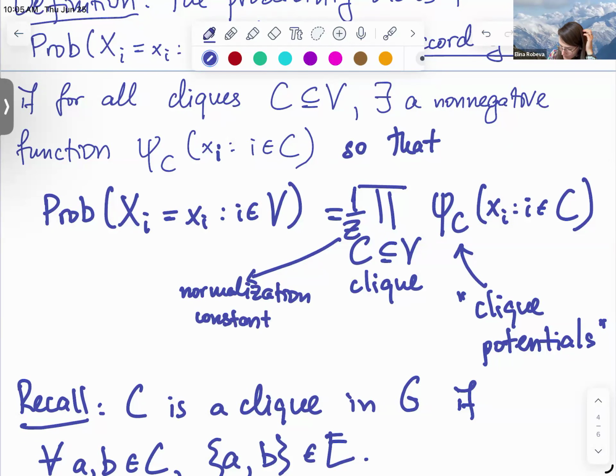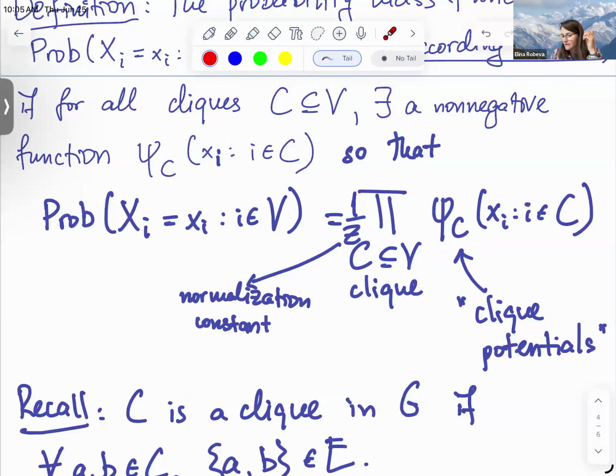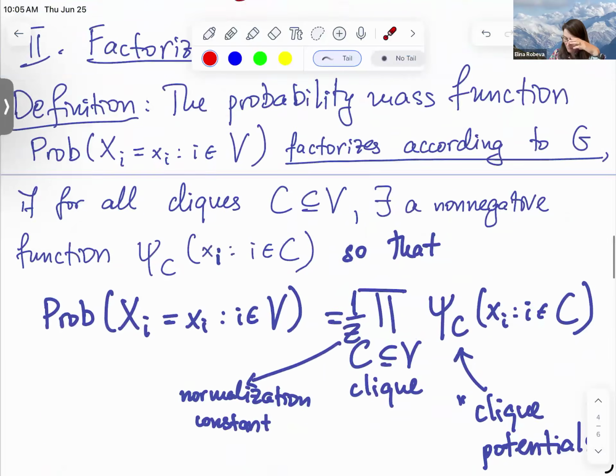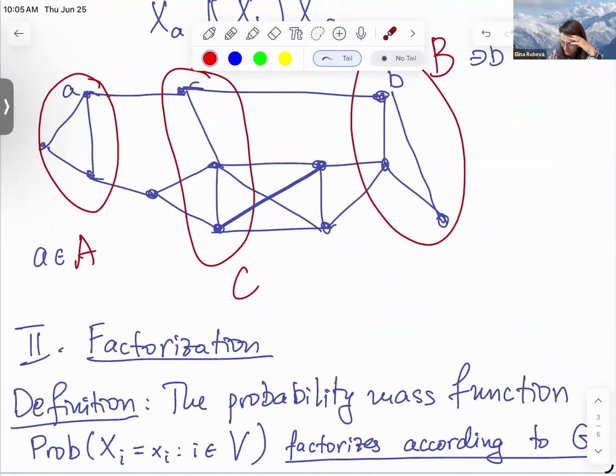And just one more thing here. These clique potentials are not unique in any way, because first of all, you can scale by a constant. If you scale one, you can divide the other one by that. But also, if you have two cliques that share vertices, you can multiply the clique potential. So in this example, if we consider these two cliques, they share these two vertices, right?